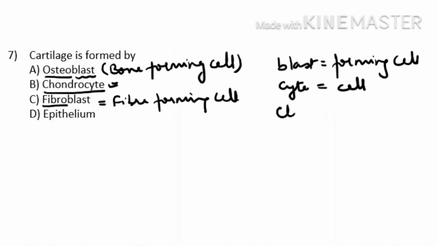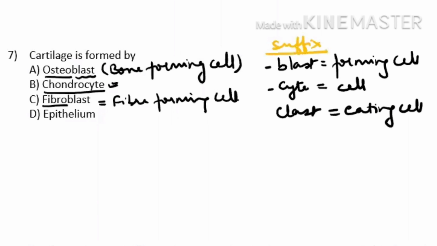And when we say clast, chondroclast, osteoclast, it means they are eating cells. So these are a few suffixes you have to remember when they ask questions about what the suffix means. Blast means forming cell, cyte means cell only, and clast means eating cells. So from this it is clear your answer will go to the second option.